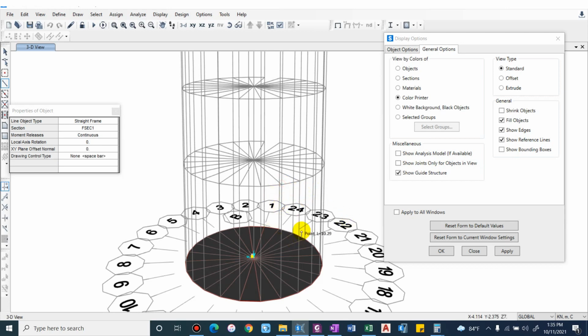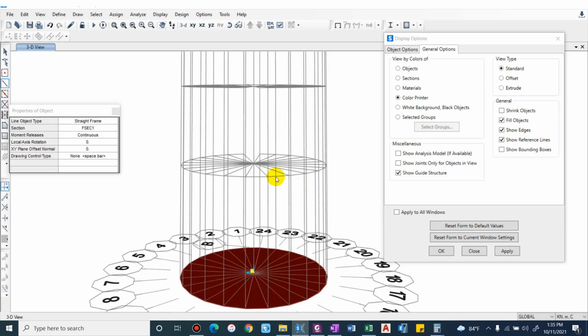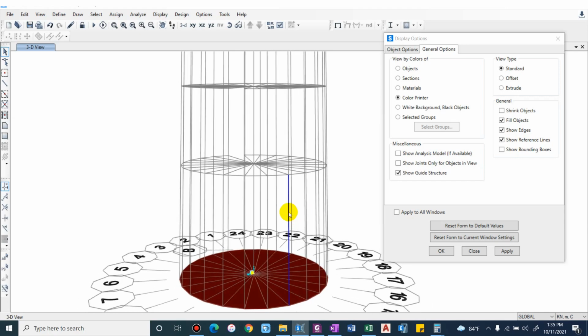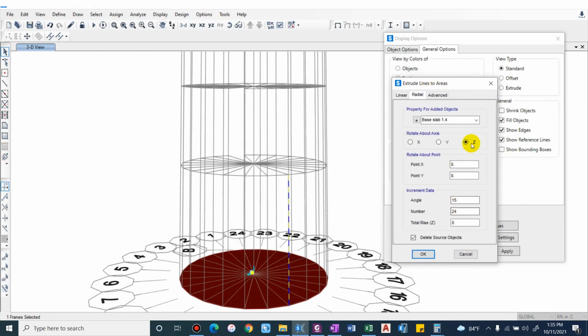So I draw from this point to this point, let us select this line up to this point. This will be for 1 meter wall thickness. Now let us extrude this. Other things will remain the same, the only difference will be the property for the added object.